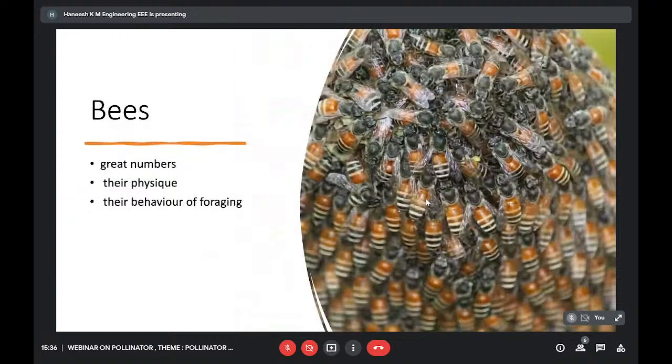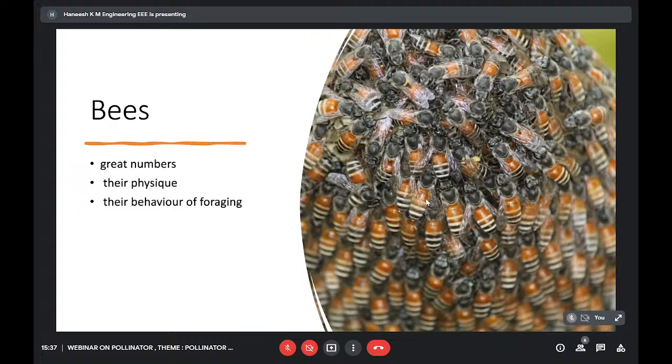And when you are talking about the pollinators, one of the major pollinators are the bees. The importance of bees is that they are huge in number. In the ecosystem, the number of bees is very big, and they have certain physical traits.